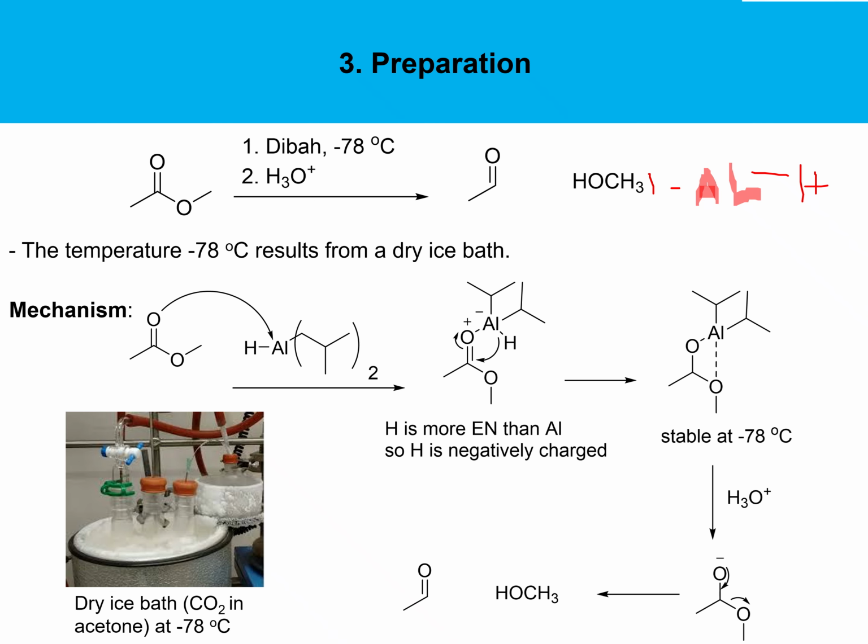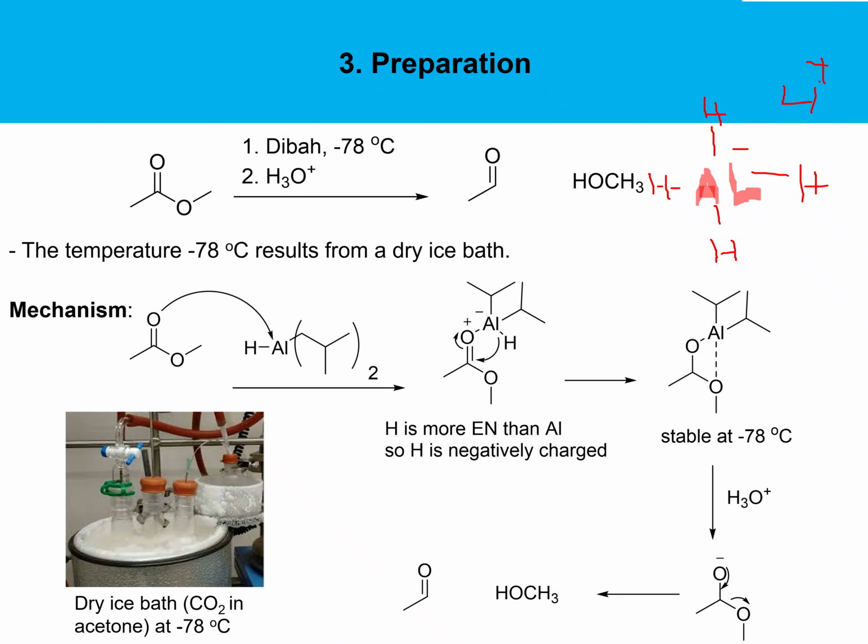So this is the structure of lithium aluminum hydride. It has aluminum in the middle, it has four hydrogens around it, and then there's a lithium somewhere around it with a positive charge.